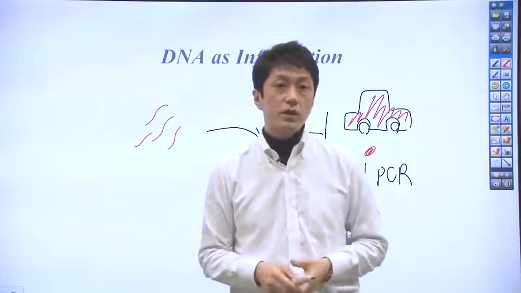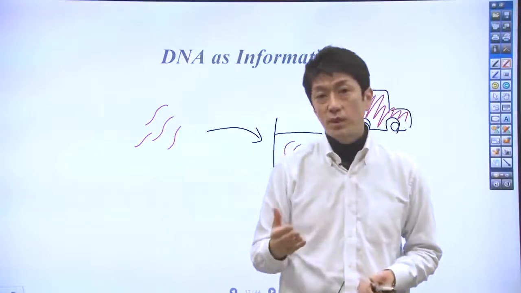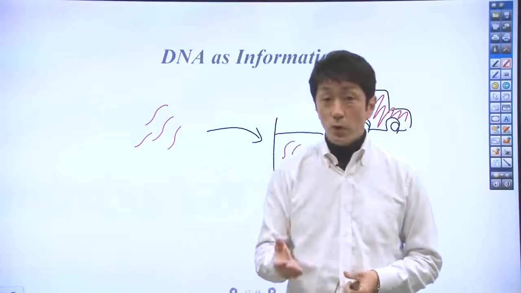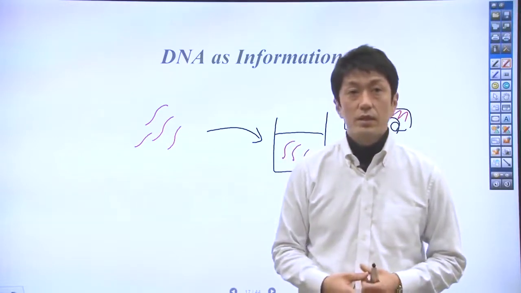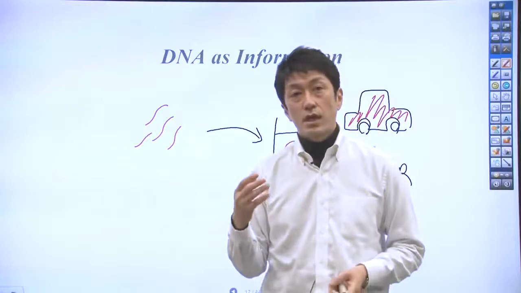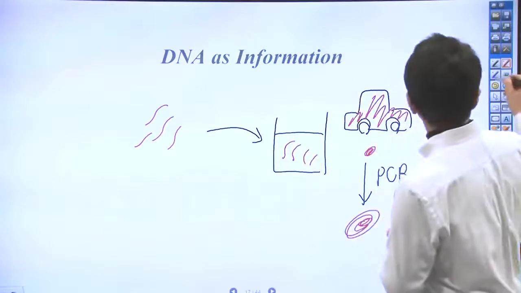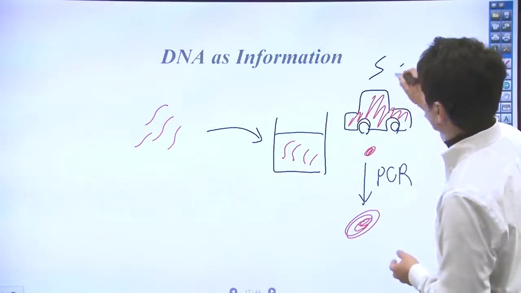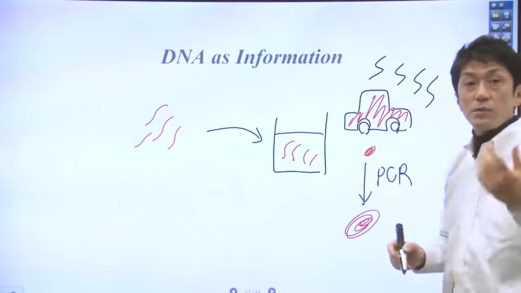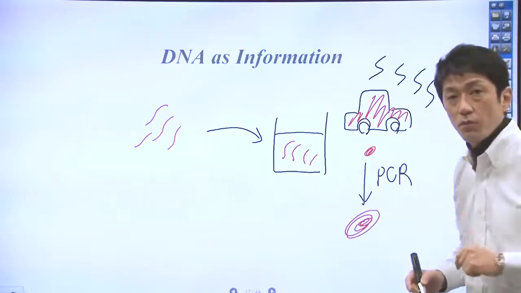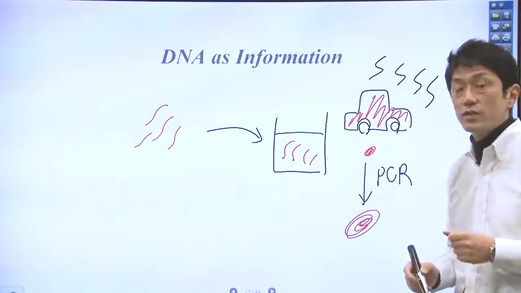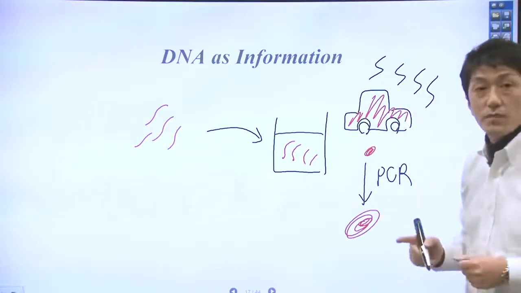But unfortunately, that technology has not been commercialized. The problem is durability. The vehicles are exposed to sunlight, especially in summertime. The DNA is considered to be stable, but DNA is weak with UV irradiation.